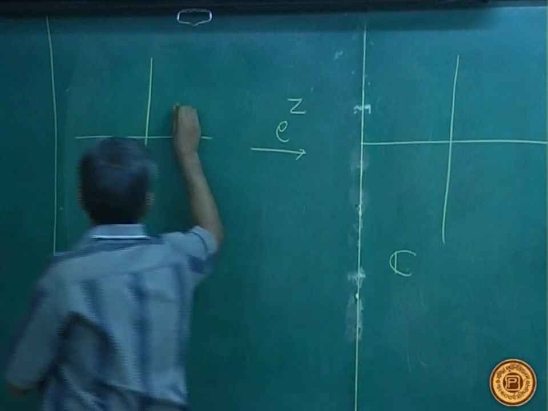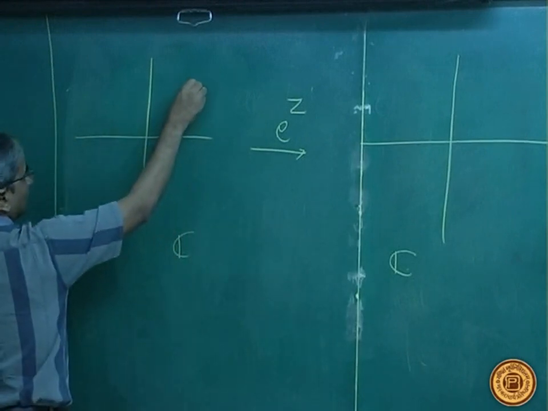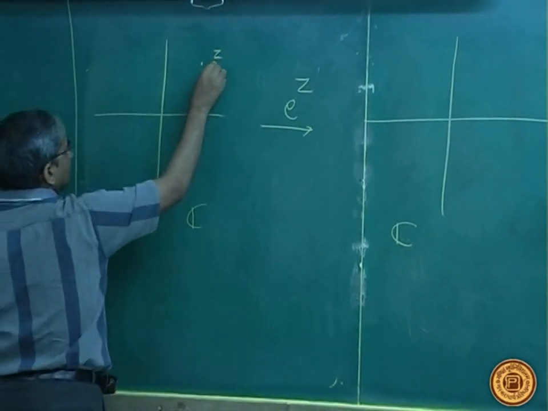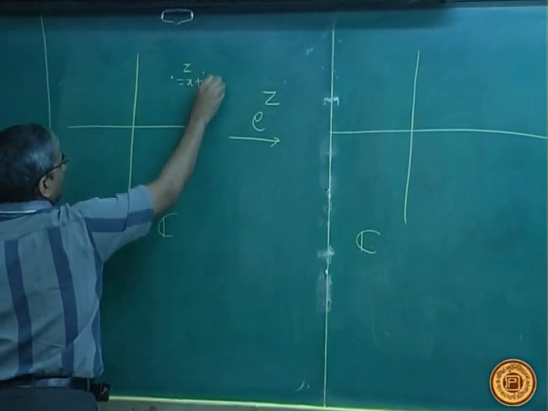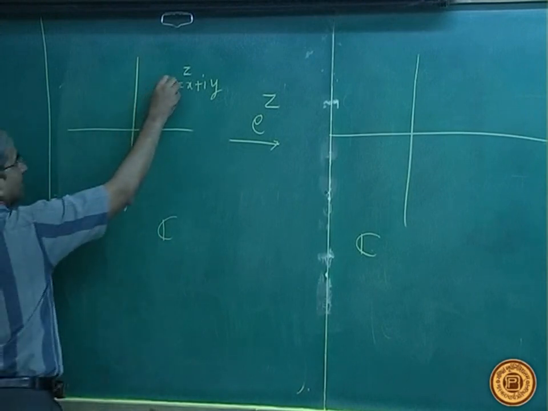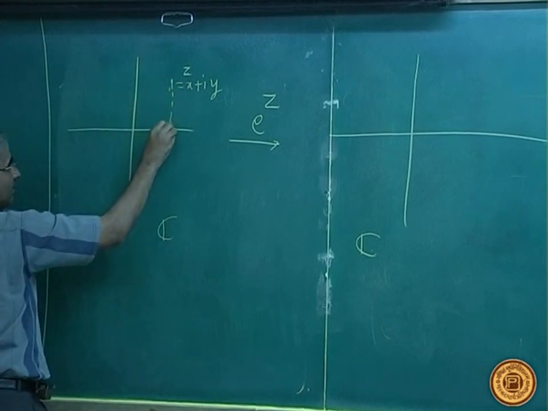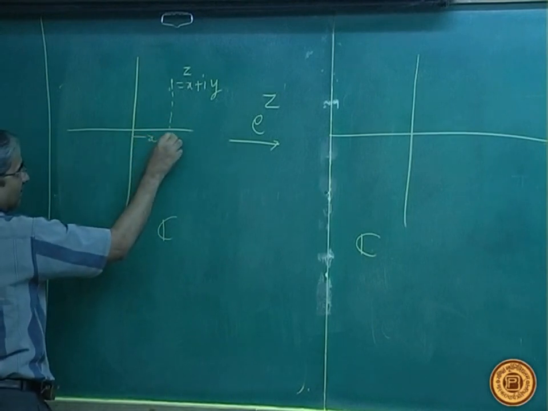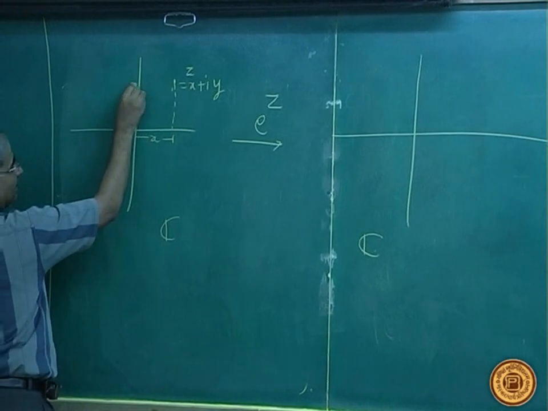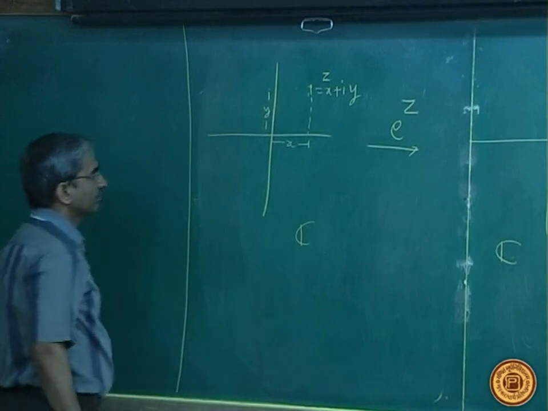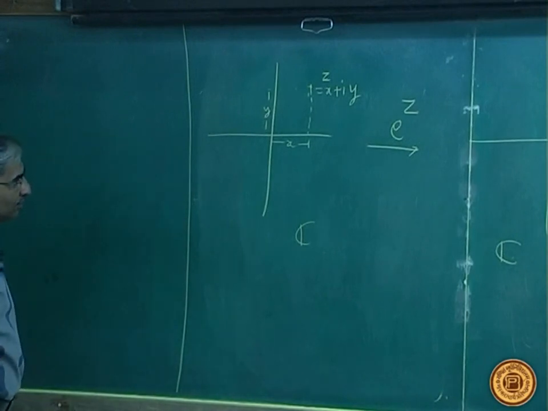So suppose I take z here, x plus iy, then this is x and this is y. Then what is e to the power z?